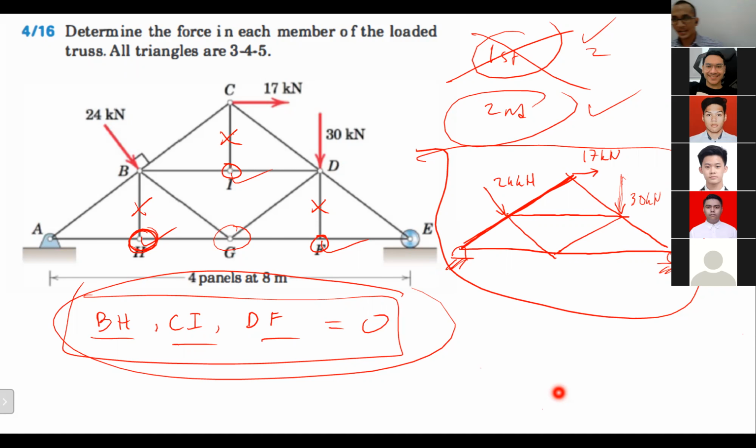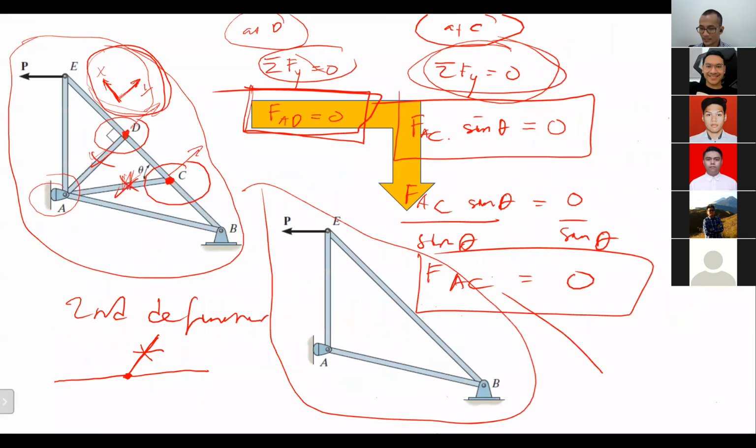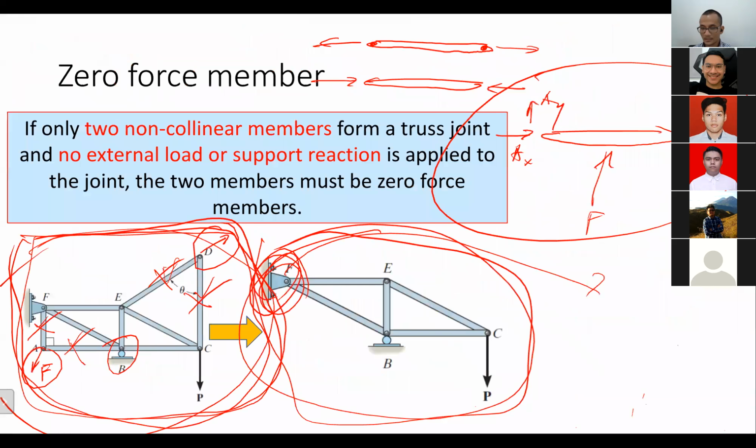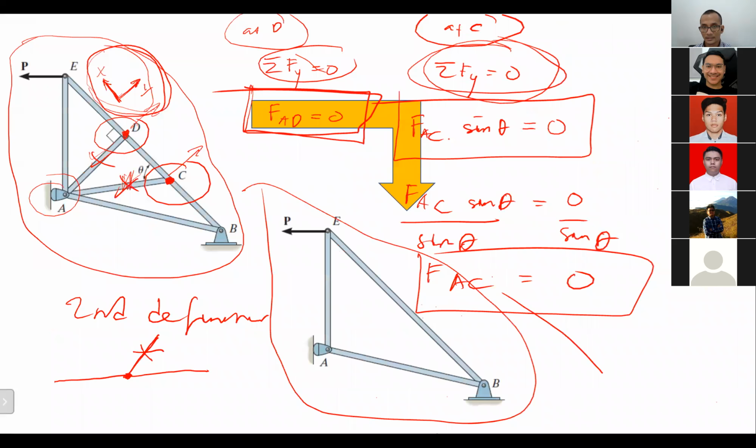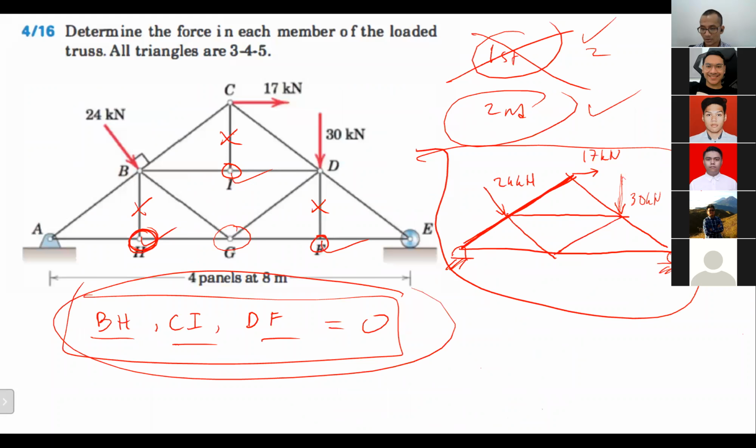Anyone have any problem here? If you still have any problem, you can ask me. Yes, Azad. You say that a two force member needs two members that are non-collinear, right? The homework one, sir. I'm still a little bit confused.